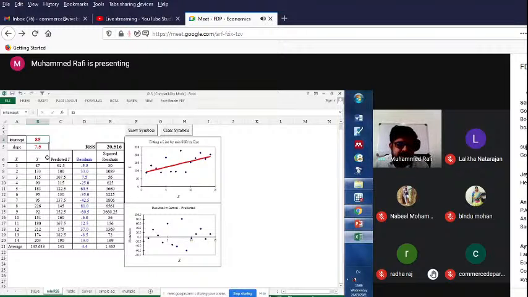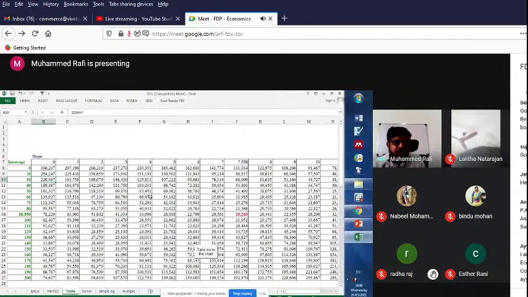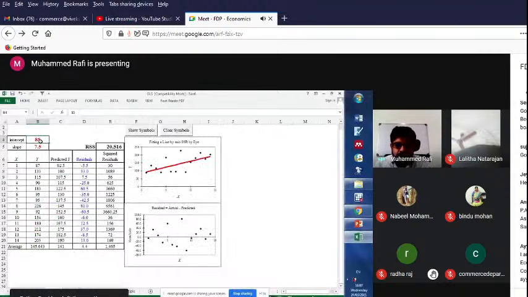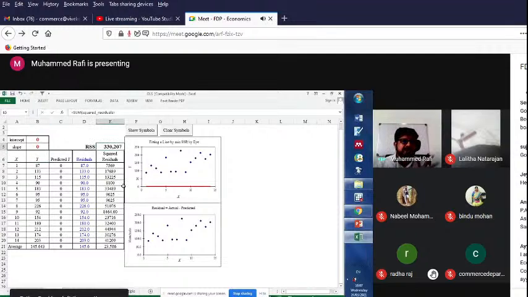Now what I did is I have created a table where I have given different values for the slope and intercept. So this column represents the intercept and the row represents the slope coefficient. Now let me give both 0. Then you can see that the residual sum of square is 3,30,207.